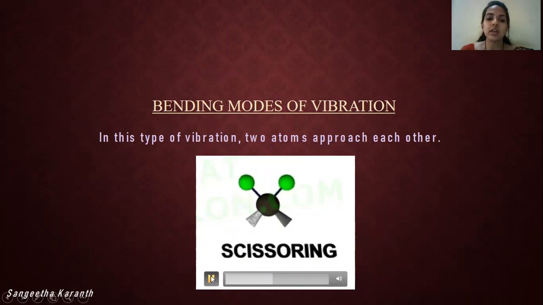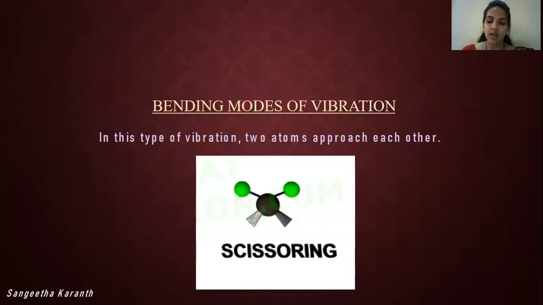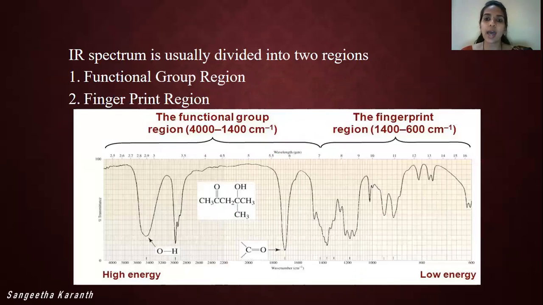This is called scissoring vibration. So we have seen four different types of bending vibrations where there is a change in bond angle with respect to vibration.